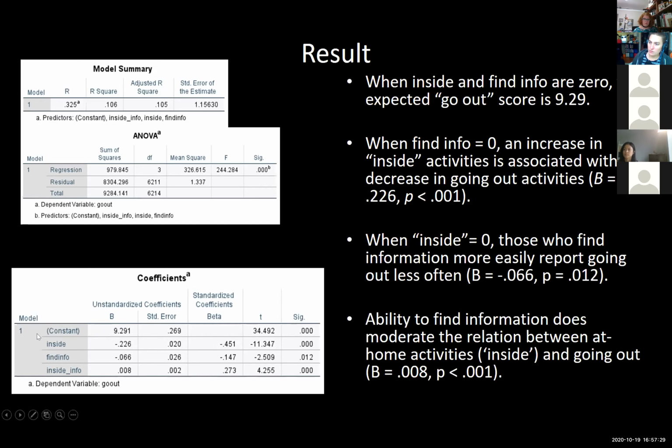Starting with this first line, 9.2, this is saying that when inside and find info are both 0, the expected go out score is 9.2.